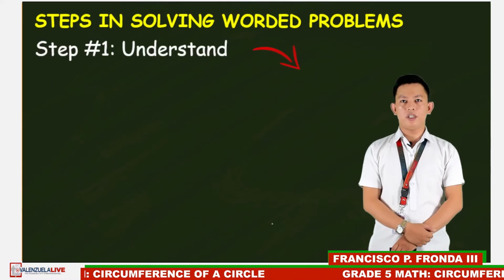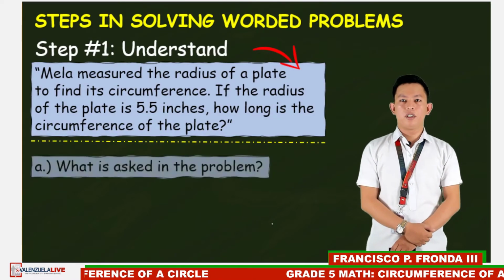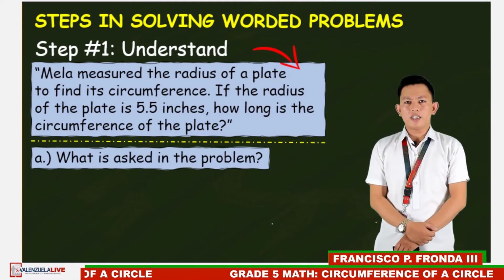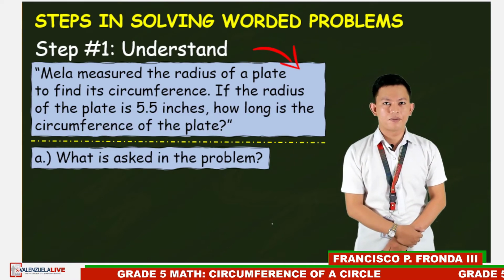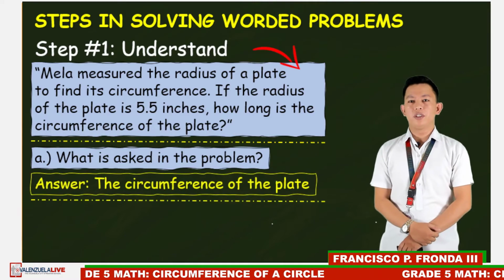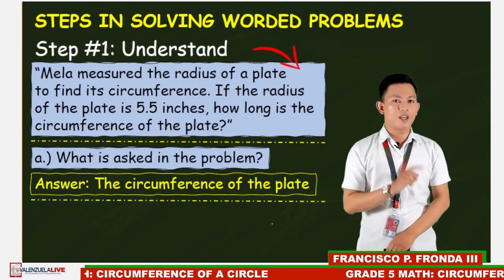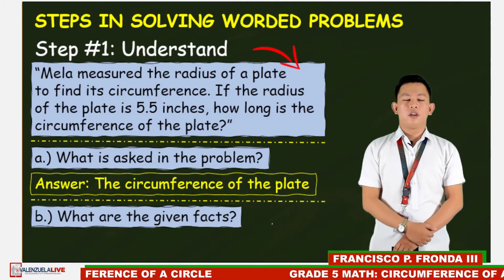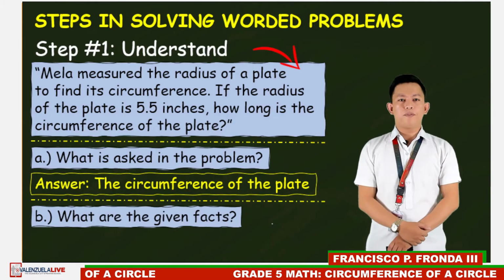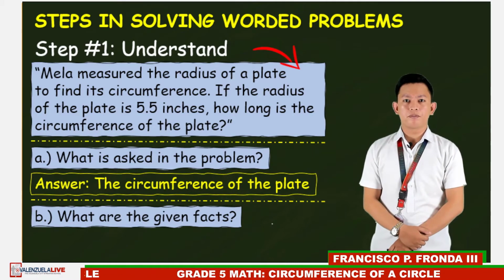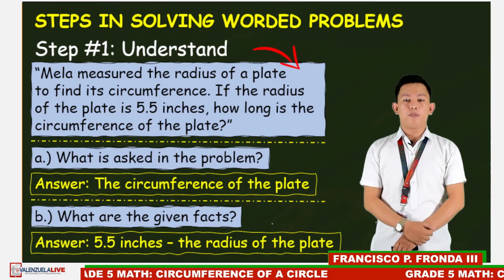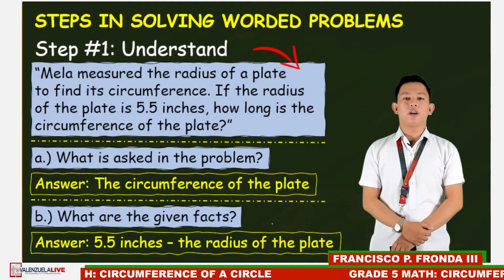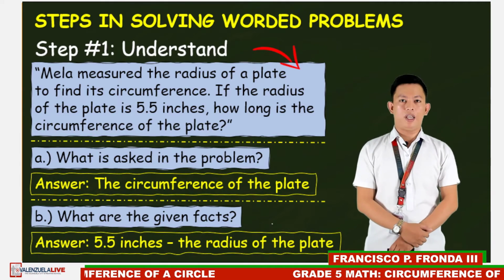So let's proceed to the problem. Let's understand what is asked in the problem, grade 5 learners. Good job. This would be the circumference of the plate. And what are the given facts in the problem? Very good. The given is 5.5 inches. This would be the radius of the plate.